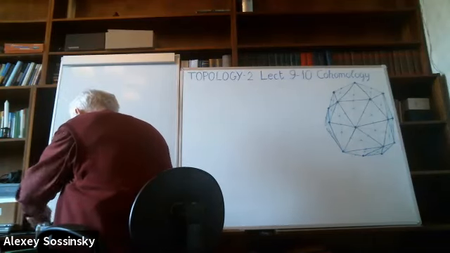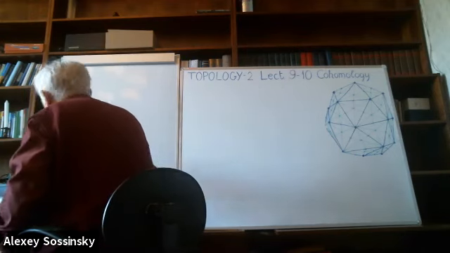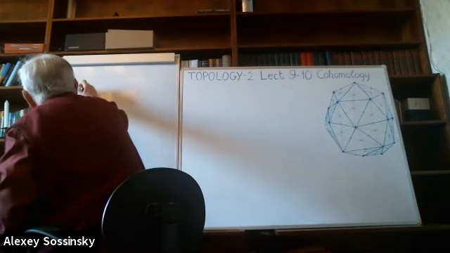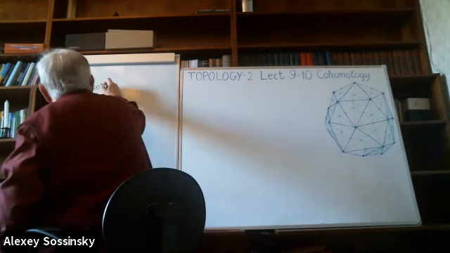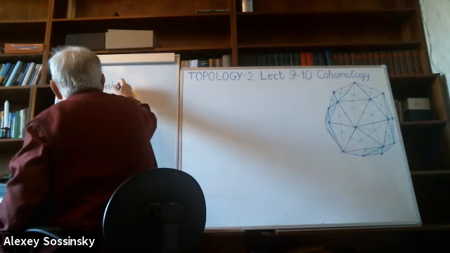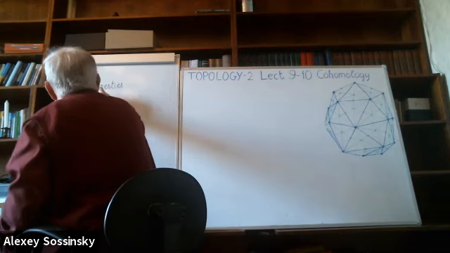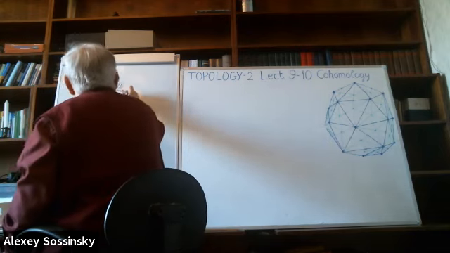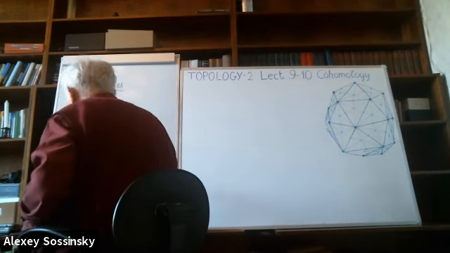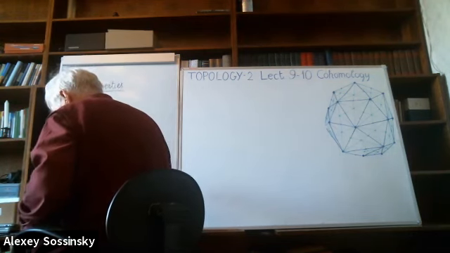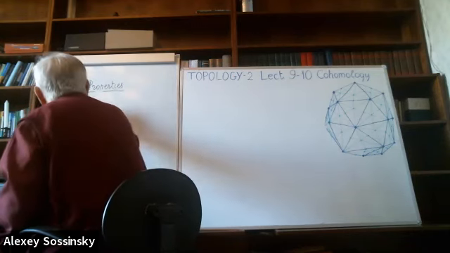So this will be section 3, properties, or Eilenberg-Steenrod axioms for cohomology. So we are considering a functor, which we have just defined.